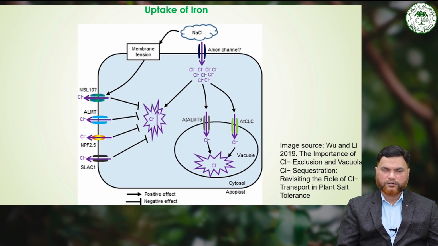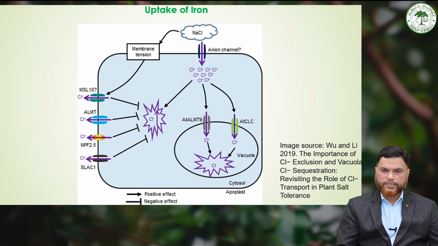The chloride transporters in the plant cell include the CLC protein family, that is chloride channels, which include both chloride channels and chloride nitrate proton antiporters, and cation chloride transporters, which likely function as sodium potassium chloride co-transporters.